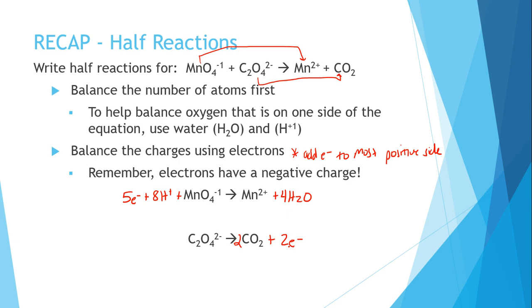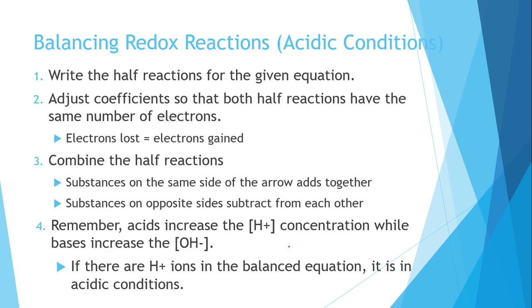If you remember how to balance half reactions, that's perfect because it's going to lead into what we're doing today, which first step is write the half reactions for the given equation. Second, we're going to adjust the coefficients so that both half reactions have the same number of electrons. The reason we want to do this is because we want the electrons that were lost by one reaction to be the same amount that was gained in the other reaction.